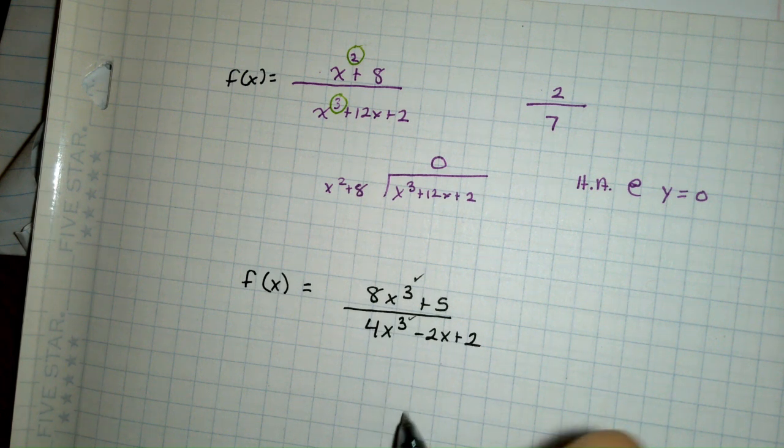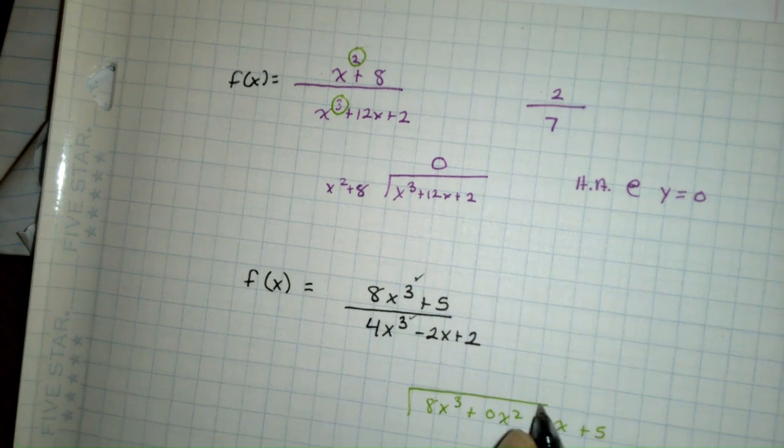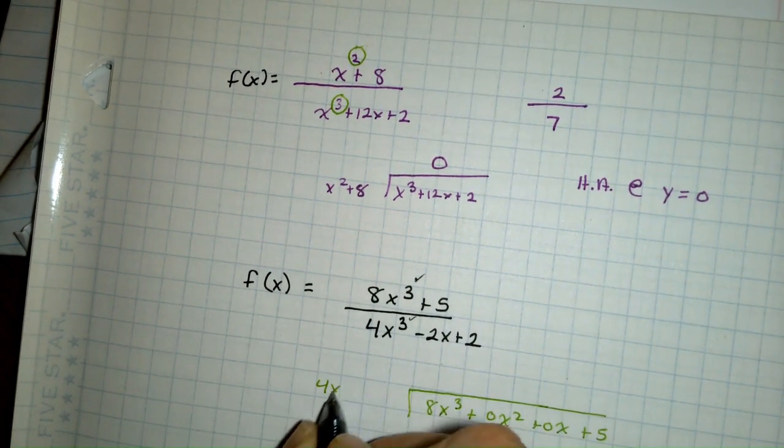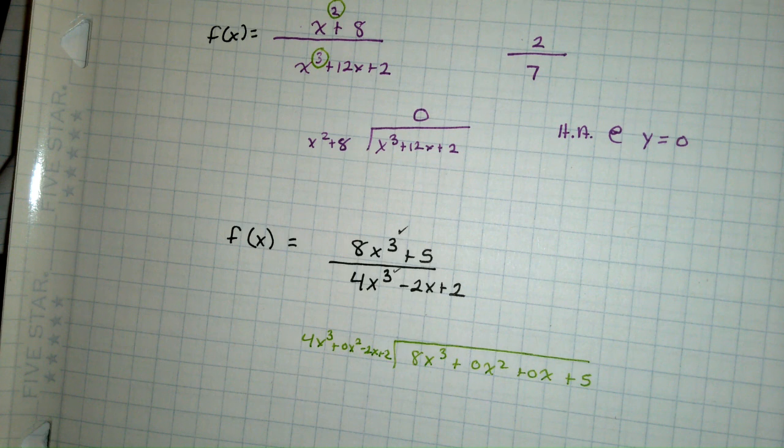So when I divide 8x cubed plus no x squared plus no x plus 5 divided by 4x cubed plus no x squared minus 2x plus 2, with placeholders in there.